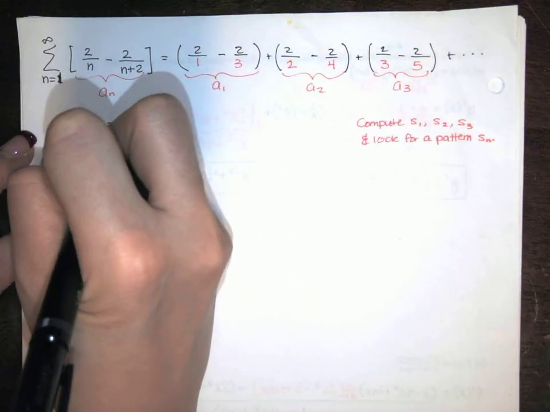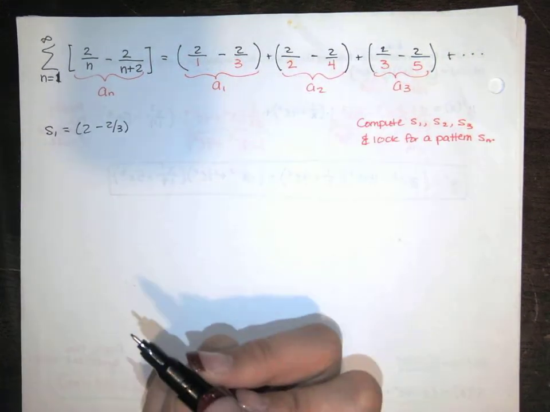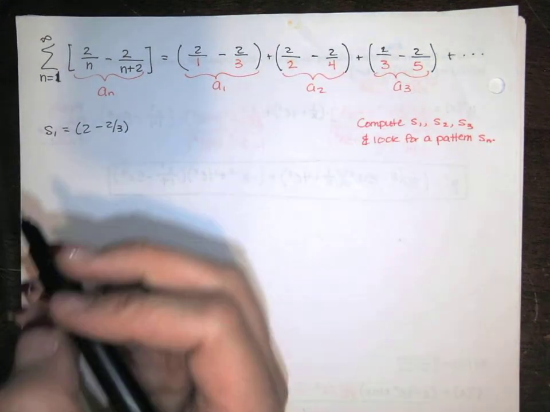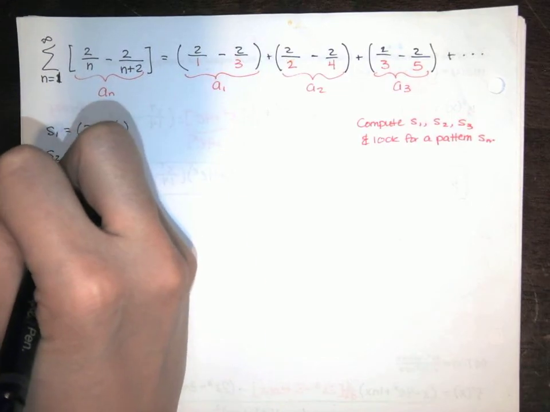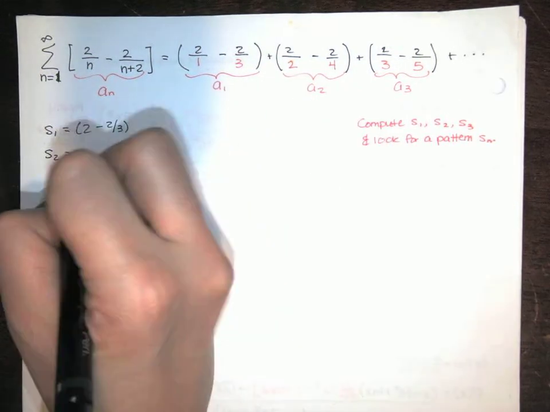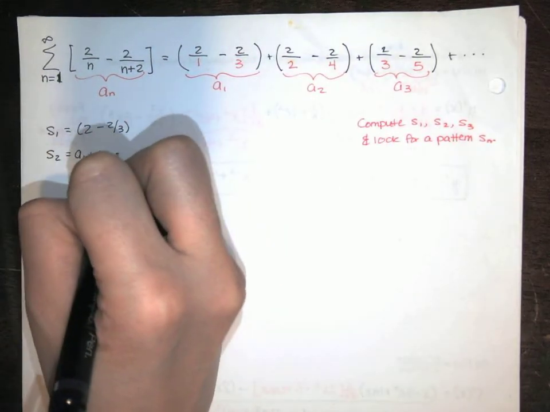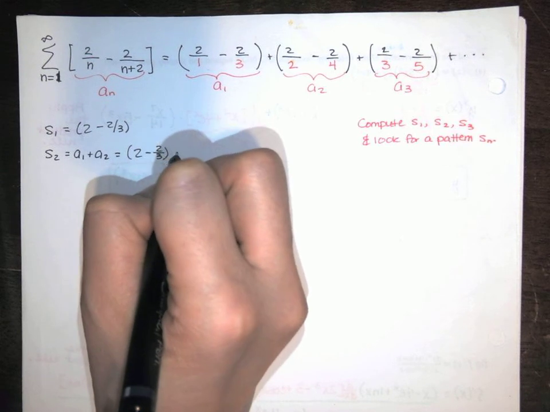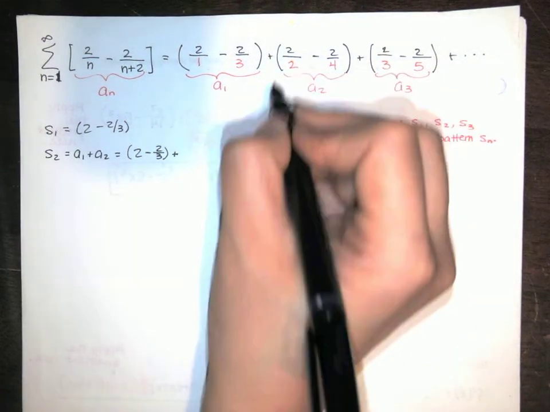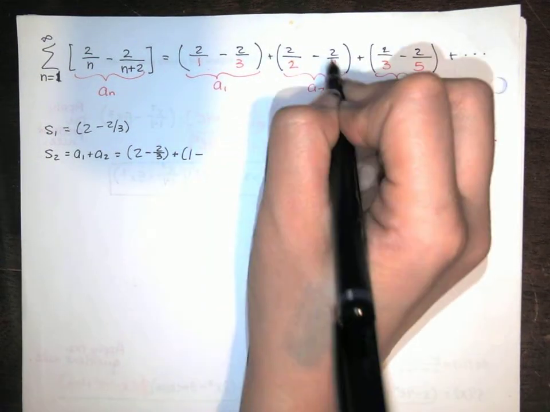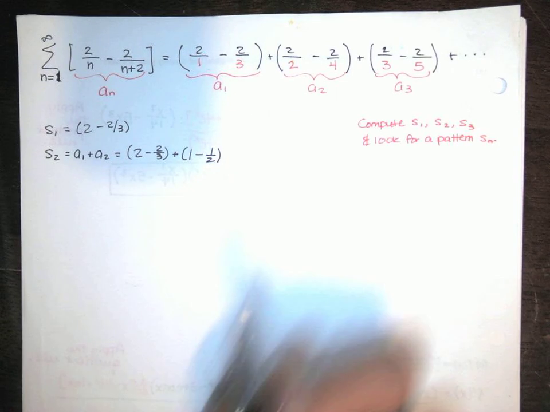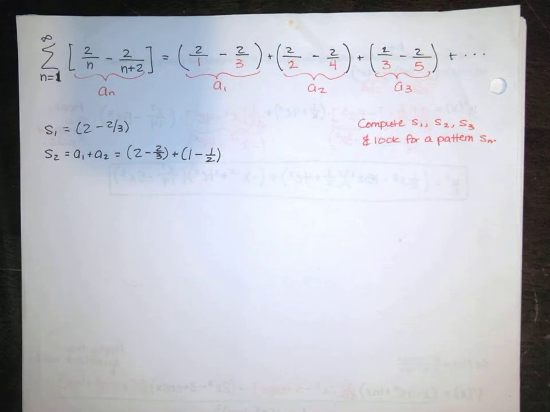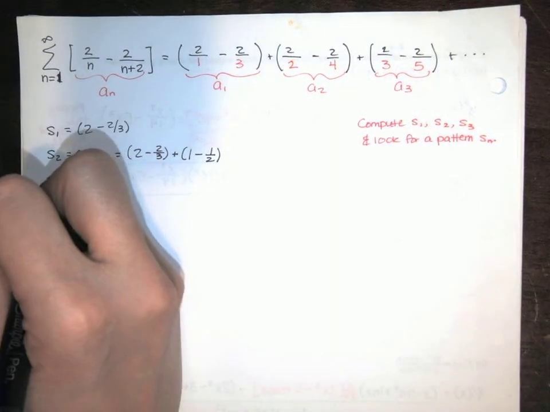It's 2 minus 2/3. No cancellations yet. That was just our a sub 1. And s sub 2 is a sub 1 plus a sub 2. So that's 2 minus 2/3 plus 2 over 2 is 1 minus 1/2. No cancellations yet. Might make me worry.